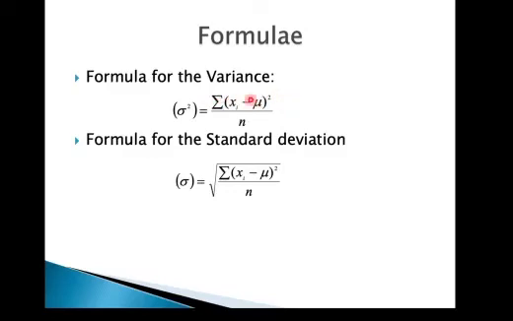So we have this notation, the sum of the square deviations from the mean, and then we divide it by n. And so we call this the average square deviation from the mean, called the variance. And when we get the standard deviation, we get the square root of this variance. This is called the standard deviation.